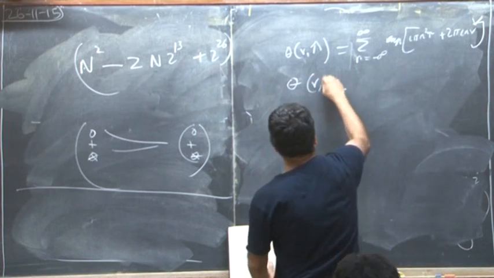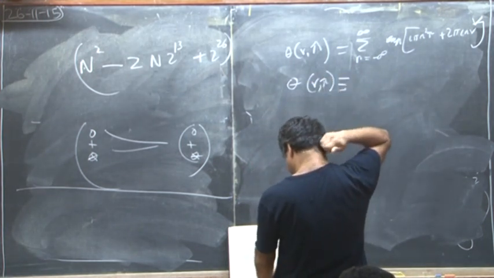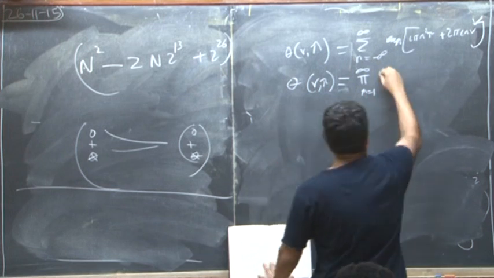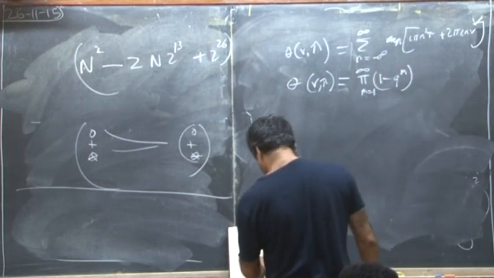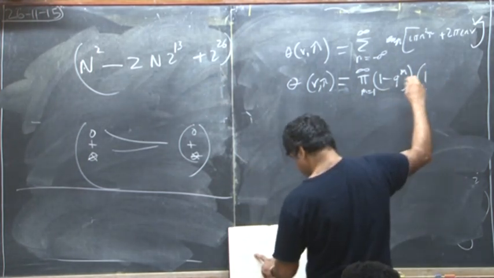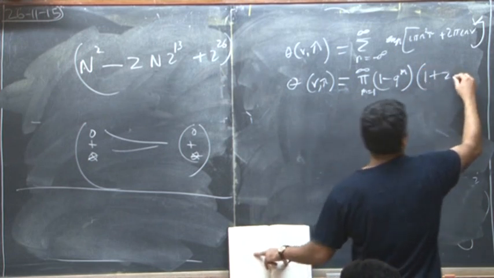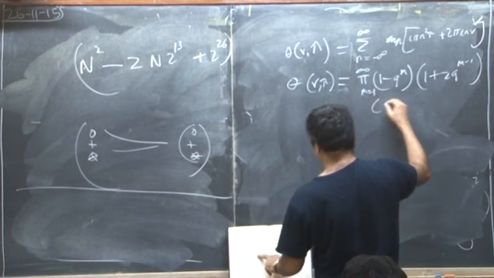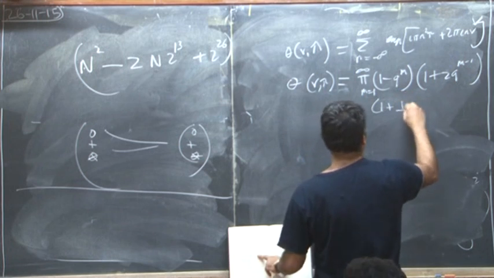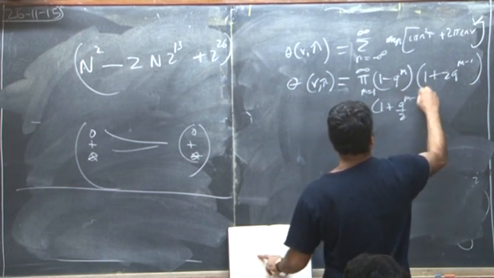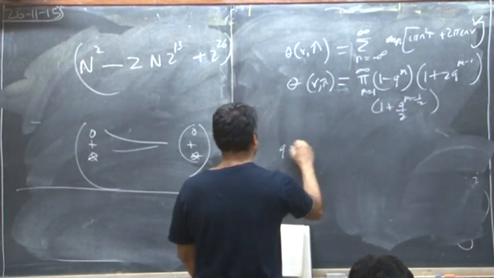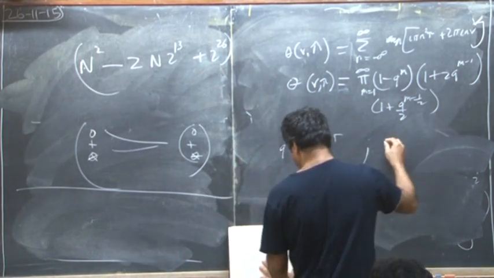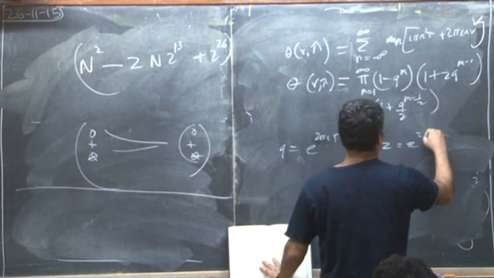The product formula is theta of nu and tau equal to the product over m equal to 1 to infinity of 1 minus q to the power m, times 1 plus z q to the power m minus half, times 1 plus 1 by z q to the power m minus half, where q is e to the power 2 pi i tau, and z is equal to e to the power 2 pi i nu.